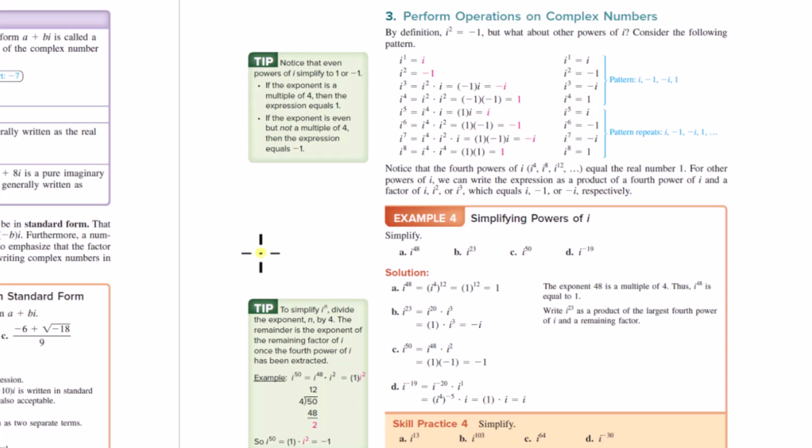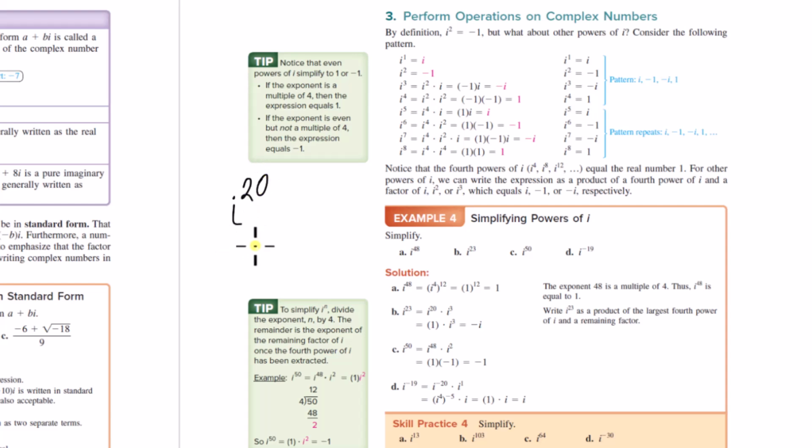That's the only reason. Okay, so now let's start with powers of complex numbers. If you've got any complex expression with i's in it, if you have an i raised to any power other than 1, then you can simplify that. Any power other than 1.